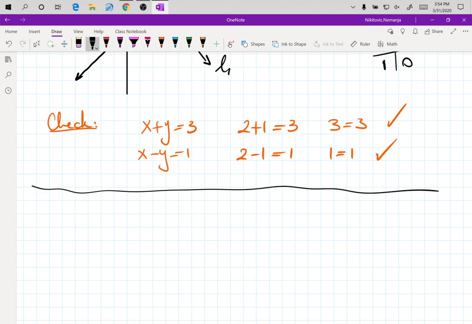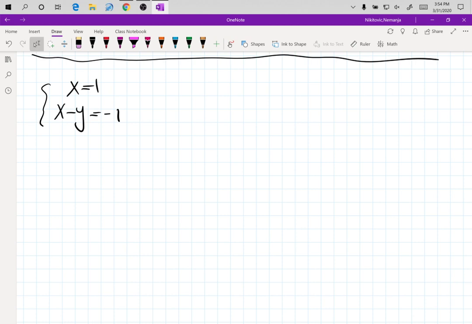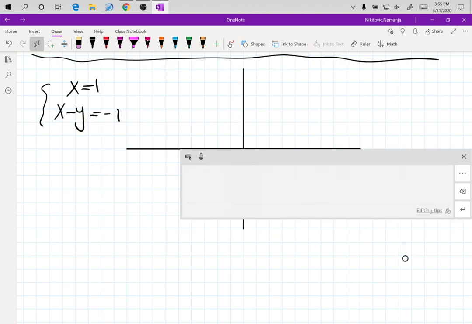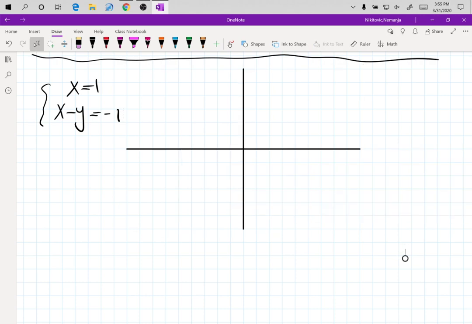What should we do? Well, this one is interesting because it looks different. So here's your system, and you're supposed to graph these two. What is the top equation? Can someone type in chat, what's the top equation?